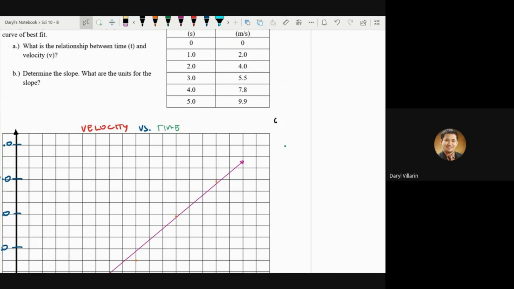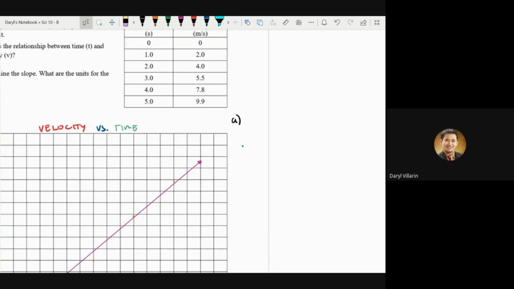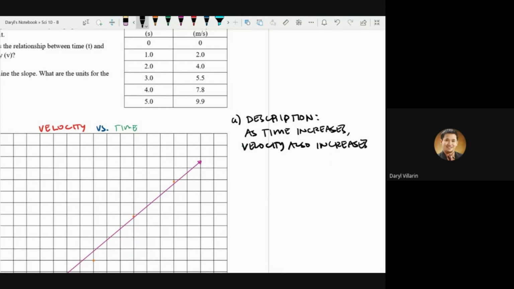We can describe, for our description, that as time increases, velocity also increases. Okay, so that's our description.